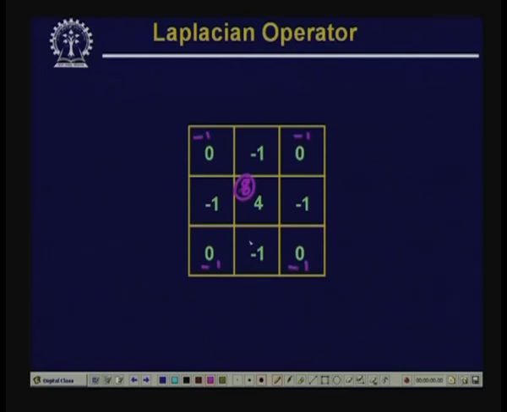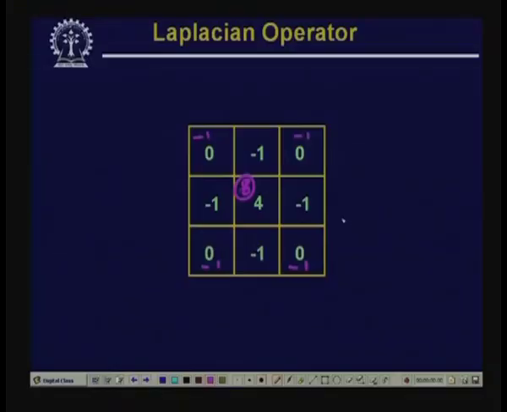We can also have the inverse of this, where all the negative signs become positive and the positive signs become negative. This is how we can have a mask for computation of the second derivative, or the Laplacian, of a function f.